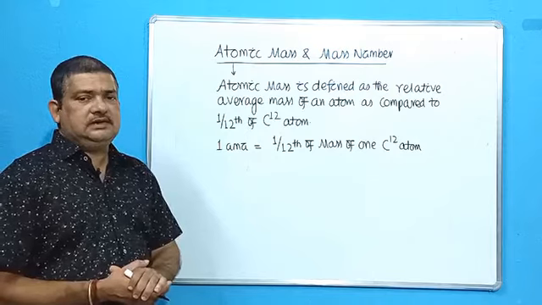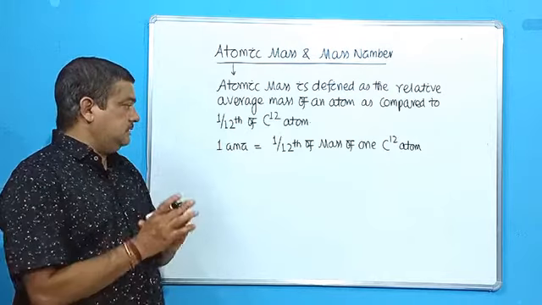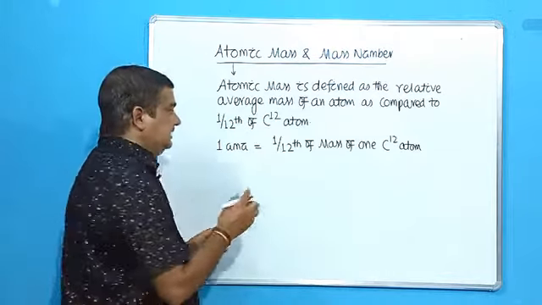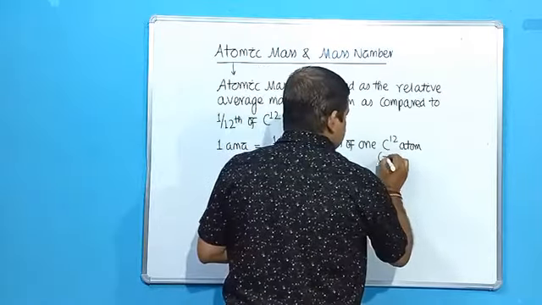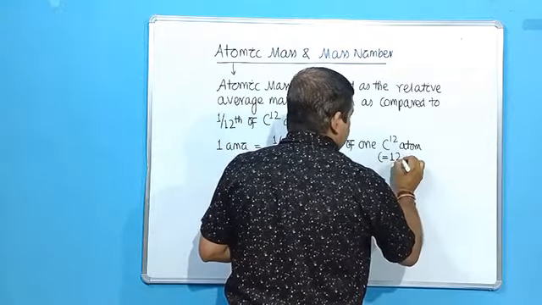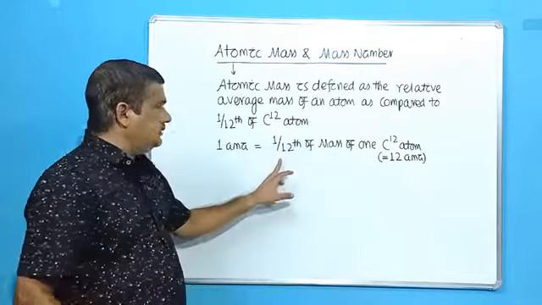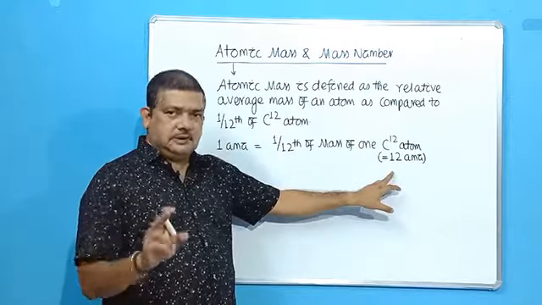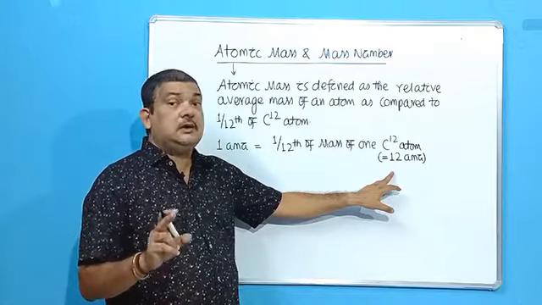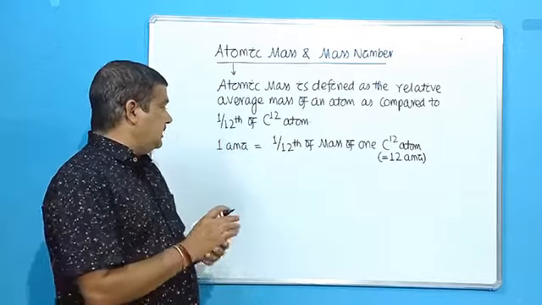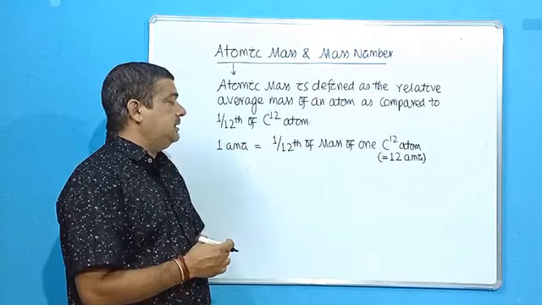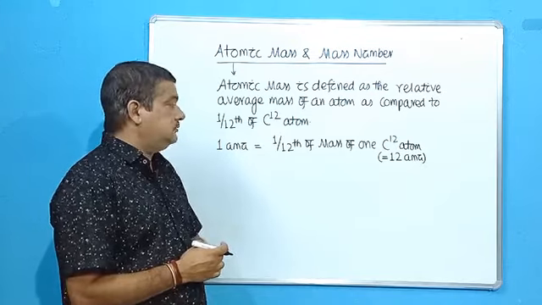The mass of one carbon-12 atom is exactly 12 AMU. So when it becomes 1/12 of 12 AMU, the 12 cancels out and it becomes 1 AMU. So how to remember 1 AMU? It is 1/12 of the mass of one carbon-12 atom.